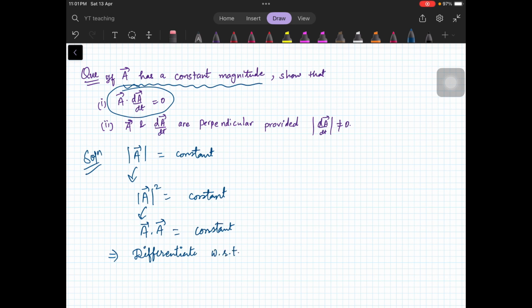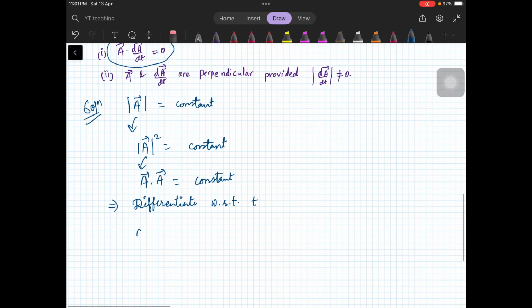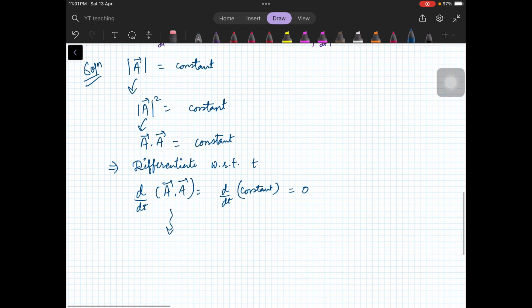what you will get is d by dt of A dot A, that is going to be d by dt of a constant quantity, and that is equal to 0. Now if you apply the product rule here, this will be A dot dA by dt plus dA by dt dot A vector equal to 0.